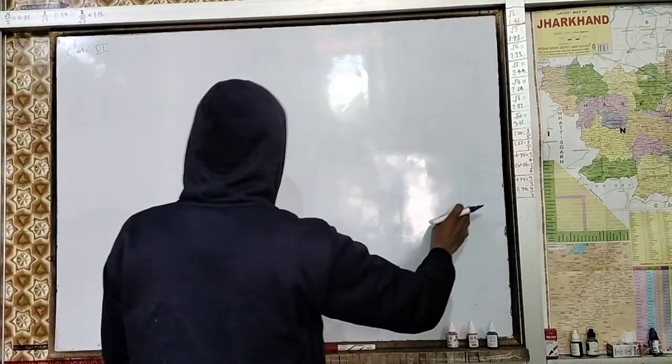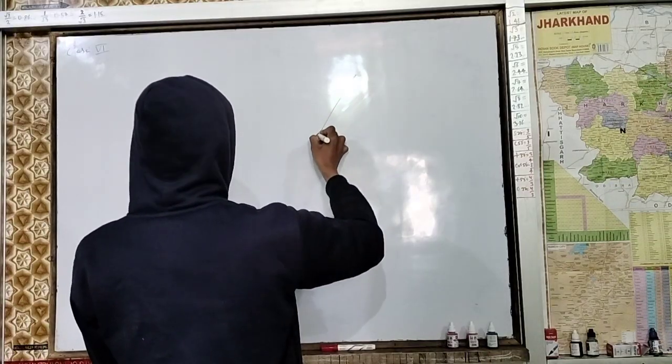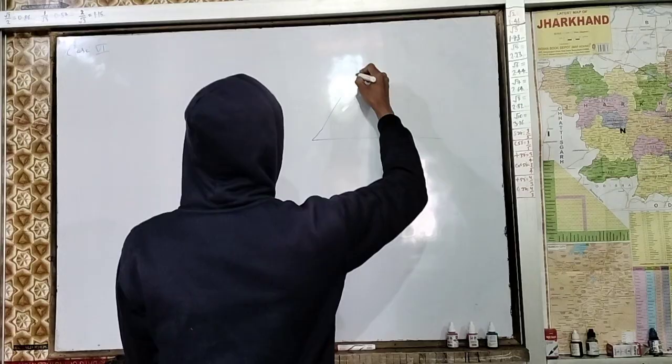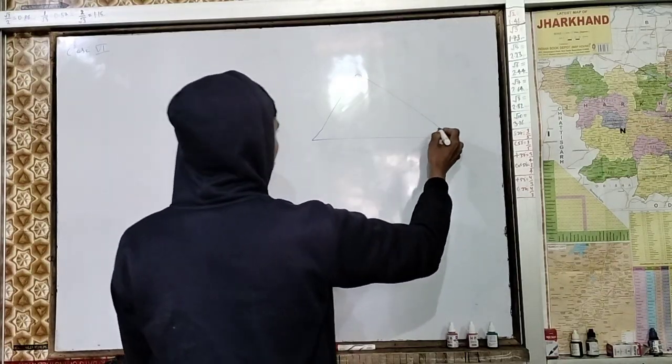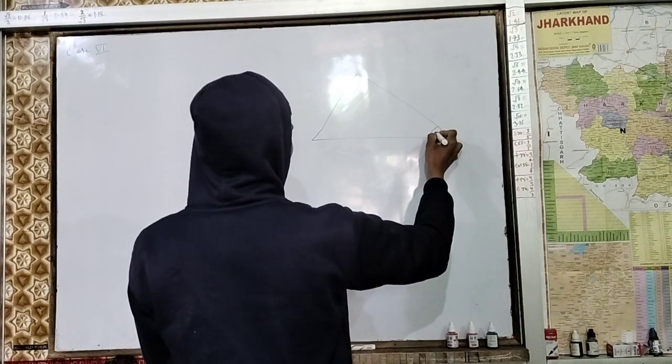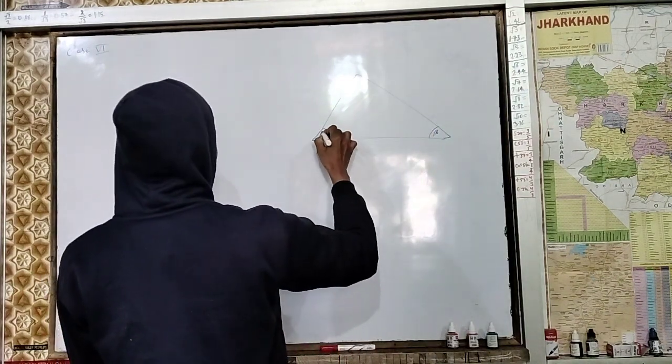First of all, let's draw a figure. This is beta angle and this is alpha angle.